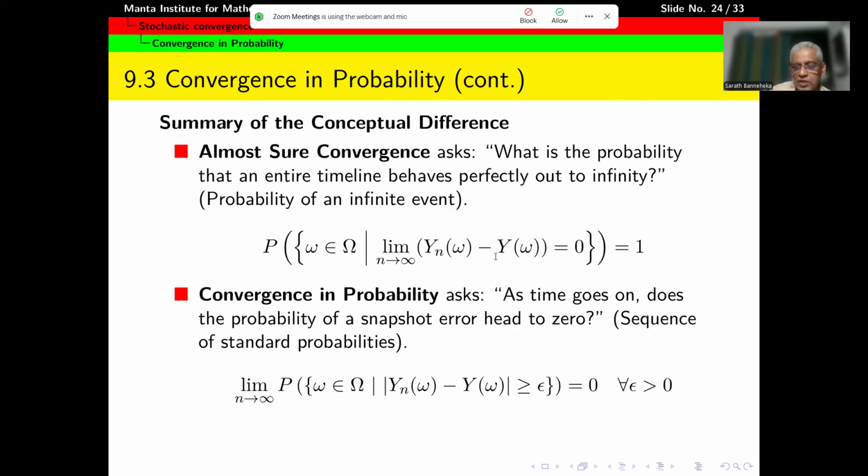So consider each possible omega and look at, for that fixed omega, yn omega minus y omega, whether that difference is converging to zero as n goes to infinity. If that is the case, put that into a particular set, say capital A, and then if the probability of that set A is equal to 1, then we say the sequence yn converges to y almost surely.